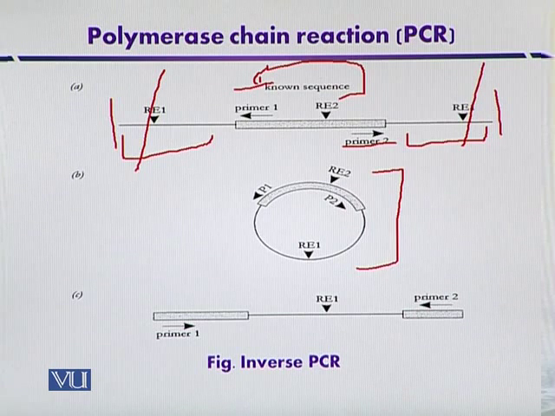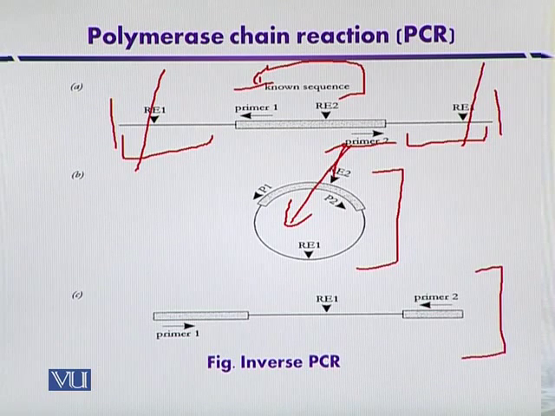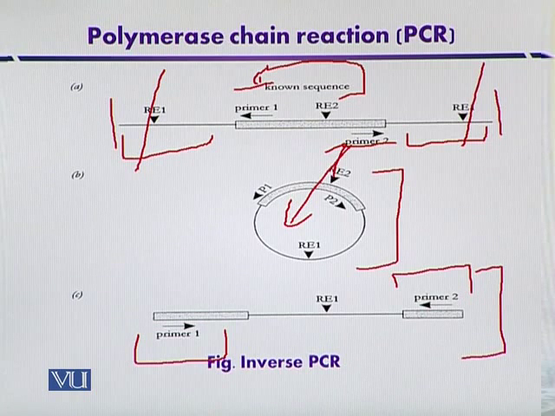So circularization is there, and after circularization it is again cut with restriction enzyme 2 here, so that again it is converted into linear form. Now we have the sequences that are known at the ends, like here we can bind the first primer, then the second primer, and we can then continue the amplification of the region which is unknown.